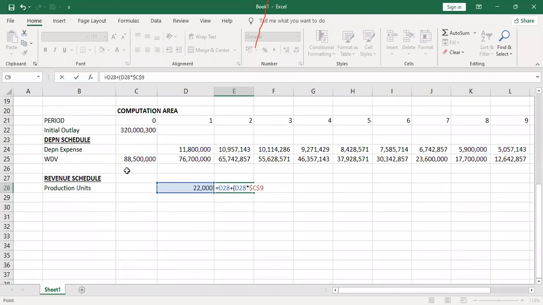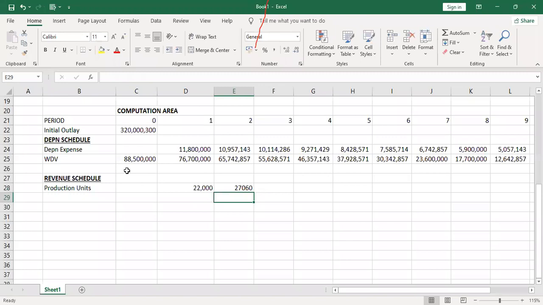If you are using a desktop computer, you press F4. If you are using a laptop, you can use F4 or Fn, F4 to fix the 23%. Close the bracket and then press enter.